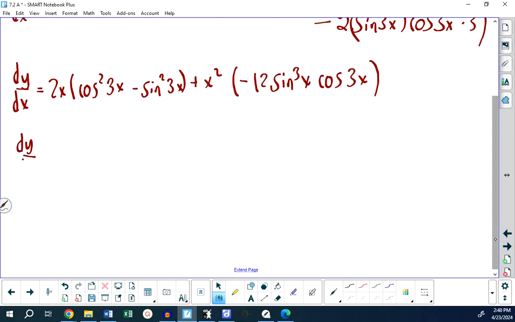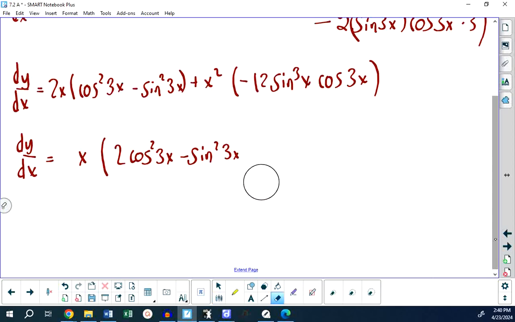So dy dx equals x, and then here we're going to have 2 cos squared 3x minus sine squared 3x. And we took an x out, so we still have an x here.